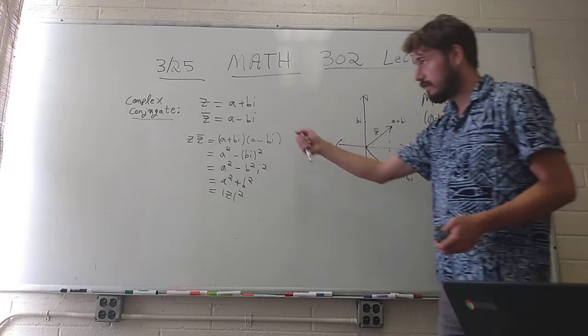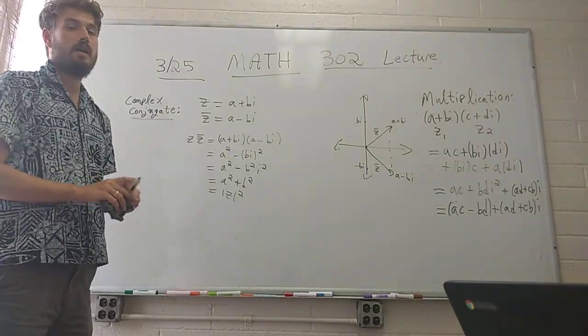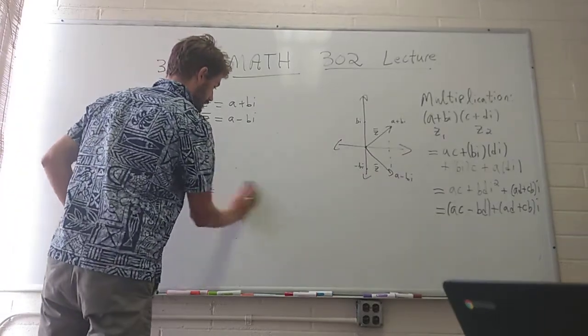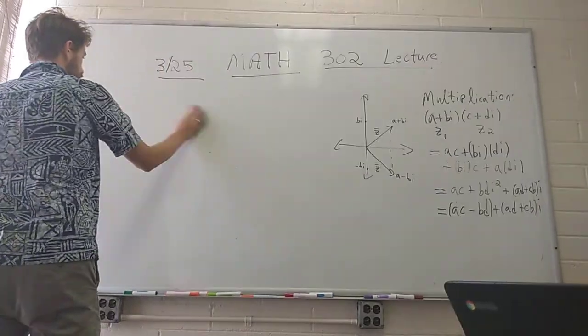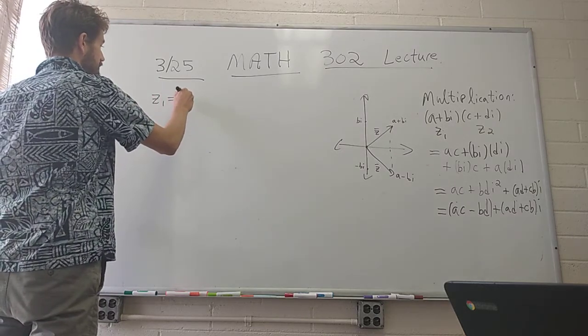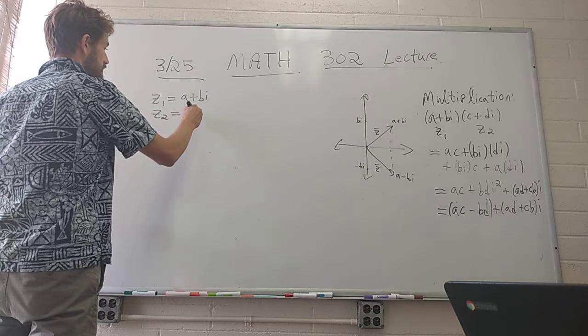Now we can use the complex conjugate to define division of complex numbers. So again, z1 is a plus bi, z2 is c plus di.